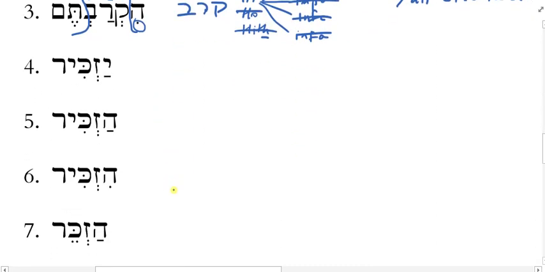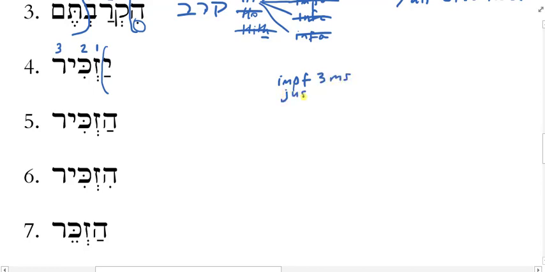Look at number 4. I have yazkir. Say that with me, yazkir. Yazkir has what 3 root letters? Zayin, kaf, resh. Good. What is in front of root 1? This is a yod. That's going to tell me imperfect, what? 3ms.